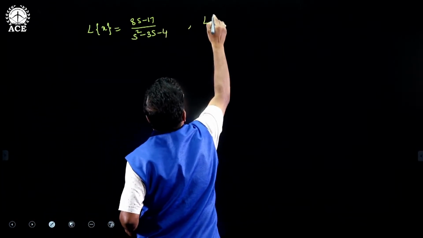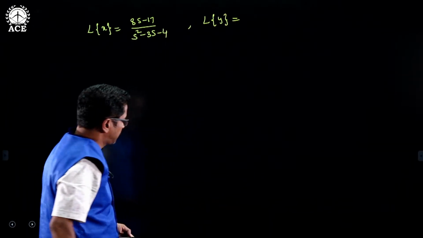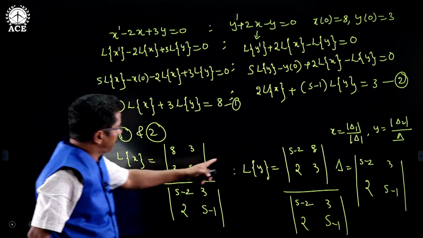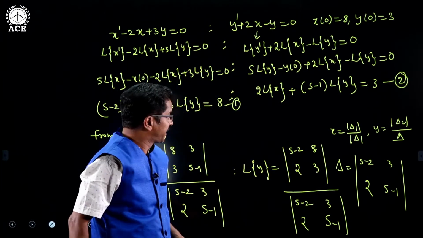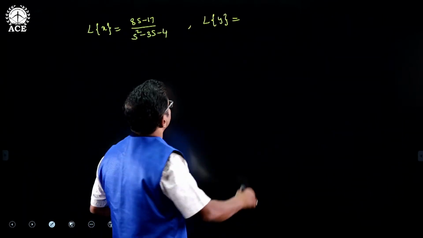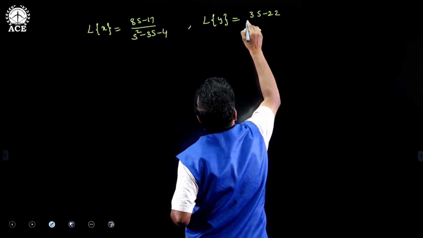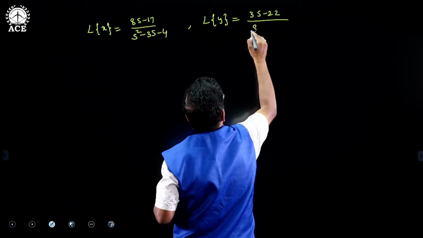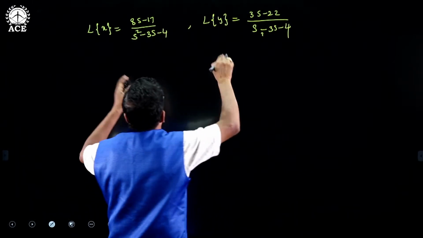Next, L of y, similarly: s minus 2 into 3 is 3s minus 6, minus 16, so 3s minus 22 will come. 3s minus 22, the denominator is the same, s square minus 3s minus 4.